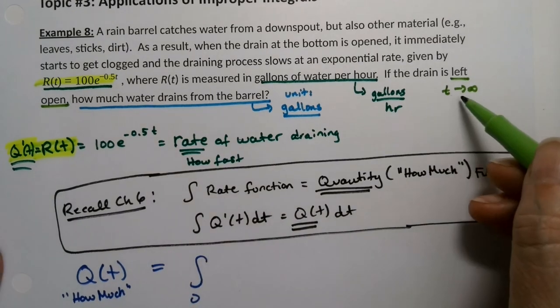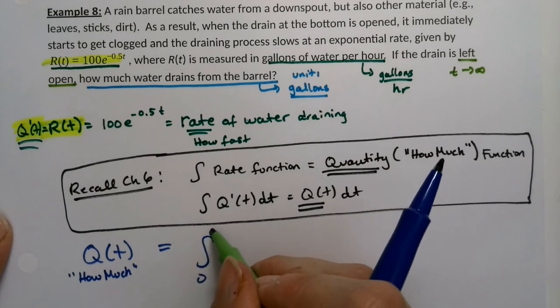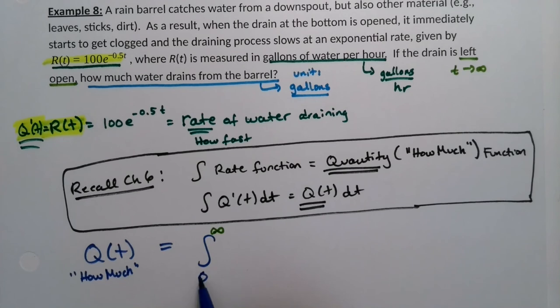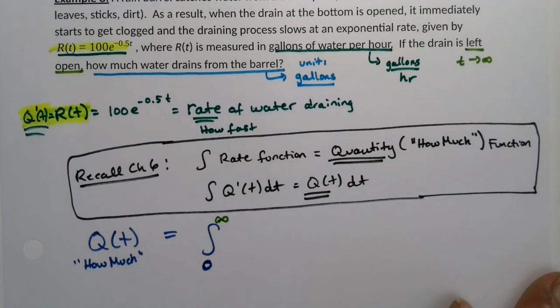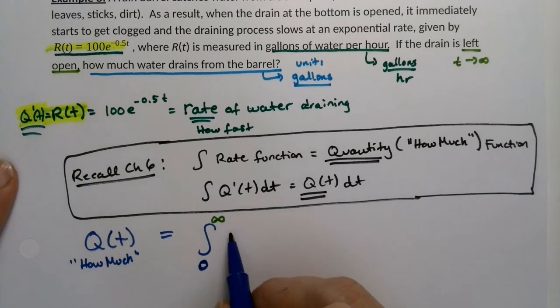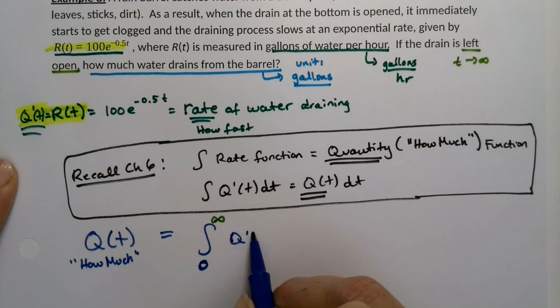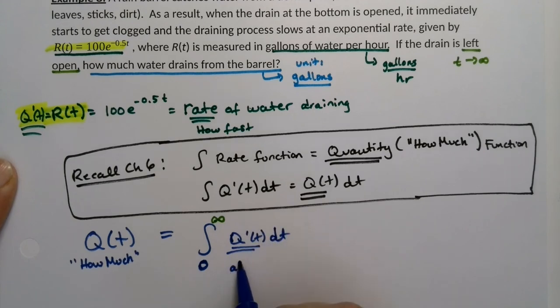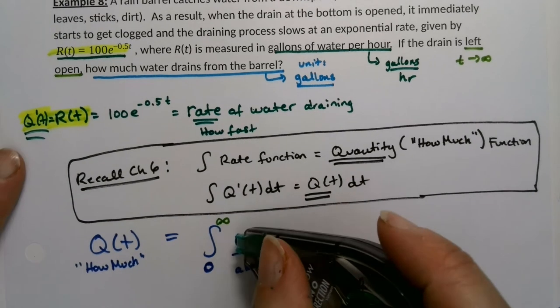Because it said t is going to infinity. And of course, you can't go back in time before you open the drain unless you have a magical car. At least that's what Back to the Future taught me. All right, so of q prime of t, which is R of t. Actually, I guess I could just say R of t here, maybe that'll be easier.